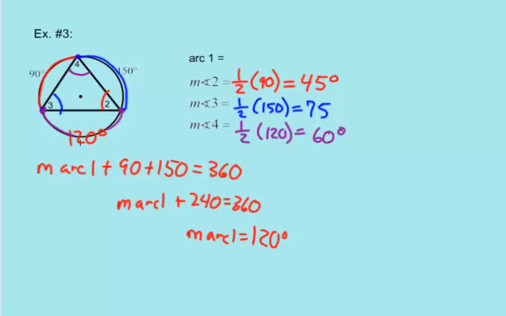And if we were to add all of those inscribed angles up, they would equal 180. Now, a circle is 360, and an inscribed triangle is 1/2 of 360, 180. So we can notice some connections there. And then arc 1 was 120 degrees.